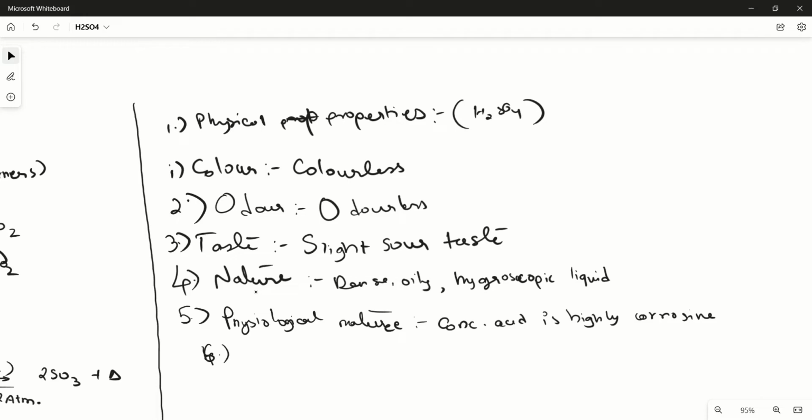Then we have density. Its regular density is 1.85 grams per cc, heavier than water.